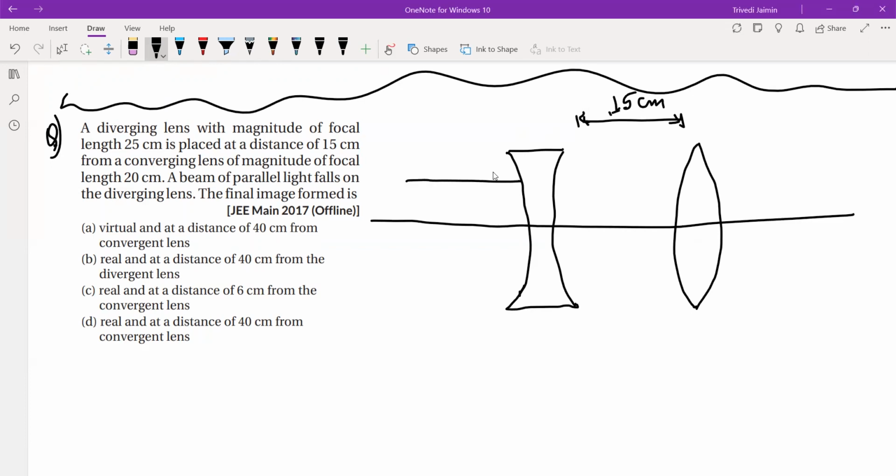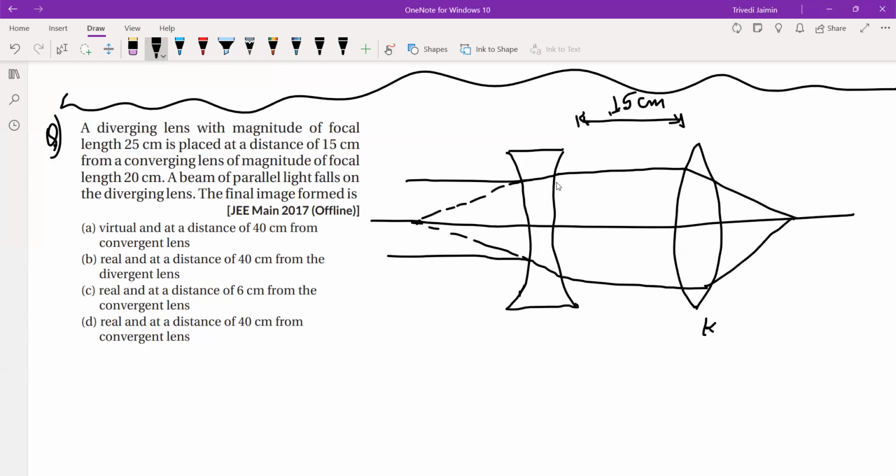So a parallel ray is diverged, and the image will form somewhere here. You don't know this distance. You need to find it out. This distance is given, that is 25 centimeter.